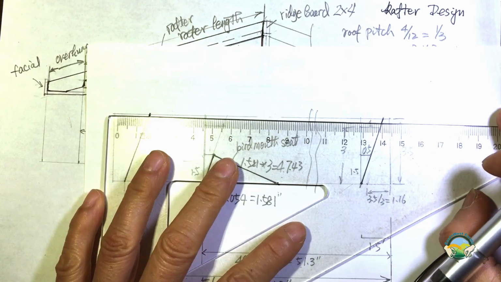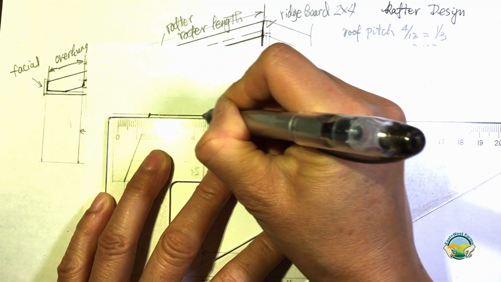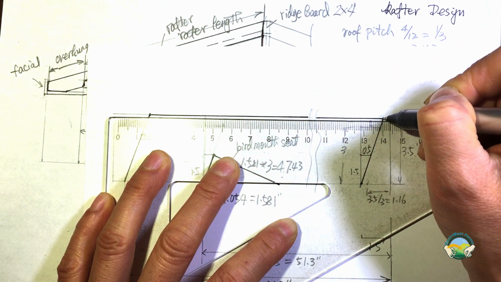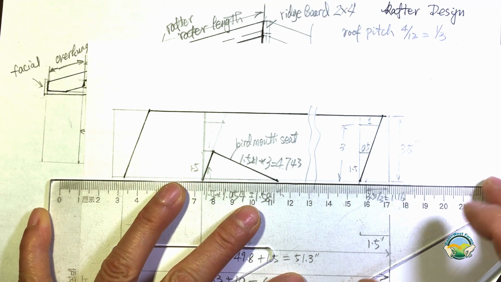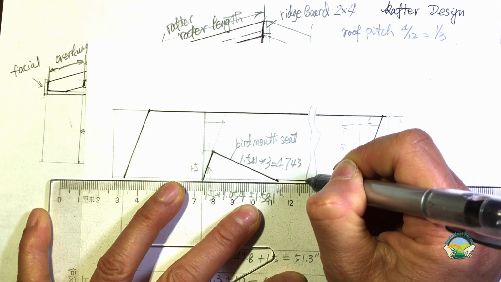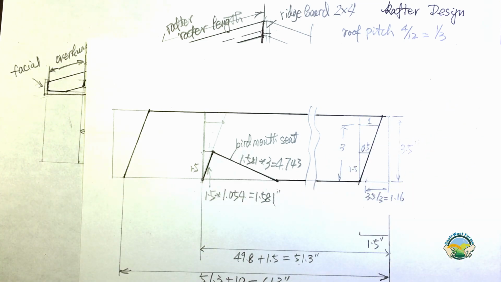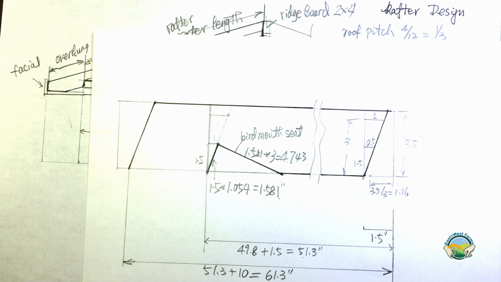Your rafter will be looking like this. This wiggly line just means that there's a length over there. So I'm kind of showing the left end or right end of the rafter.